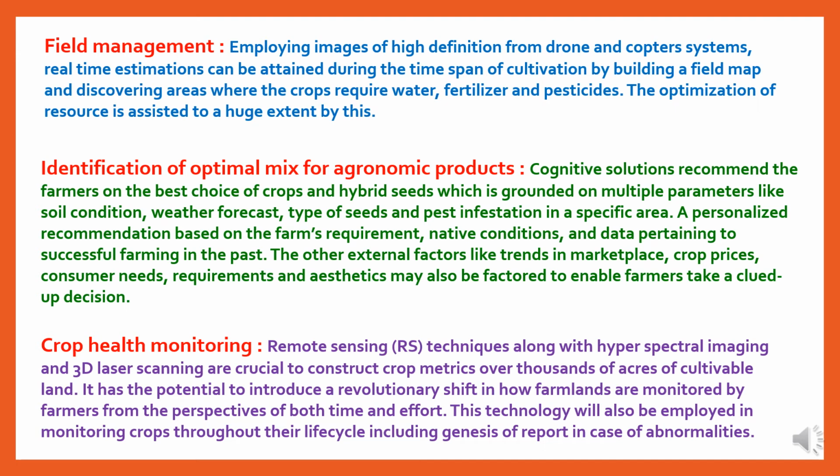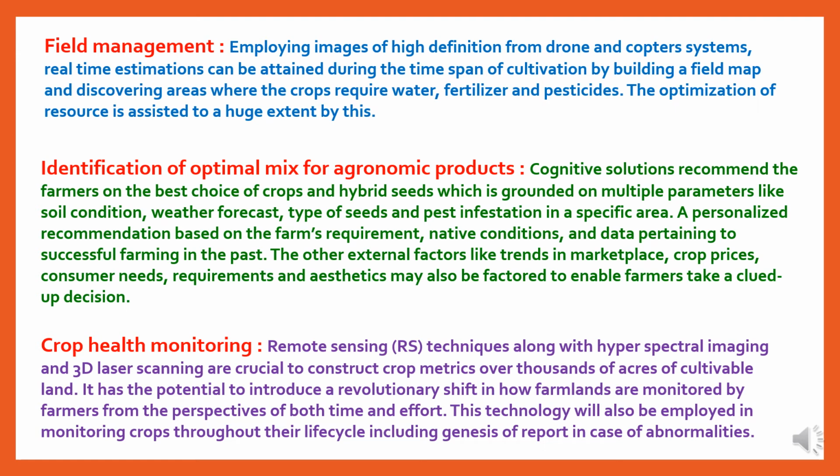Then identification of optimal mix for agronomic products. Cognitive solutions recommend to the farmers the best choices of crops and hybrid seeds, which is grounded on multiple parameters like soil condition, weather forecast, type of seeds, and pest infestation in a specific area.